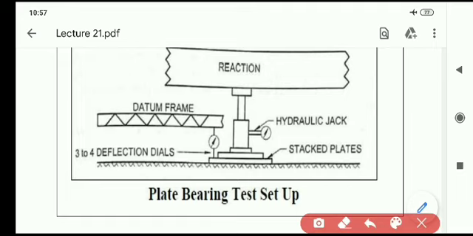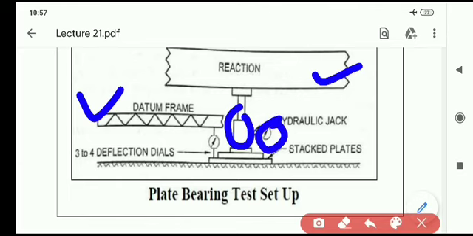First, the reaction frame. We have a reaction frame in this apparatus, a datum frame, a hydraulic jack, a dial gauge for this hydraulic jack, a set of circular bearing plates, and 3 to 4 deflection dial gauges from the datum frame to the bearing plates.